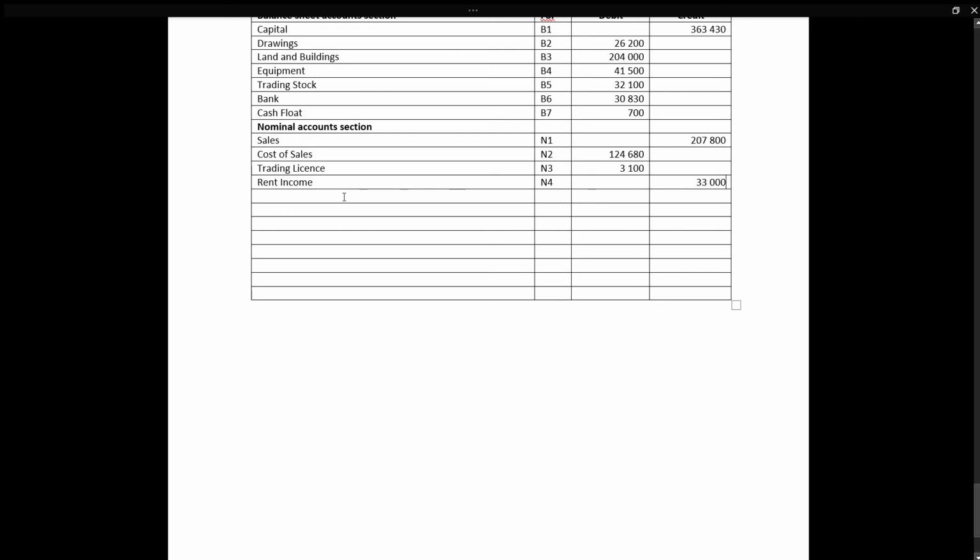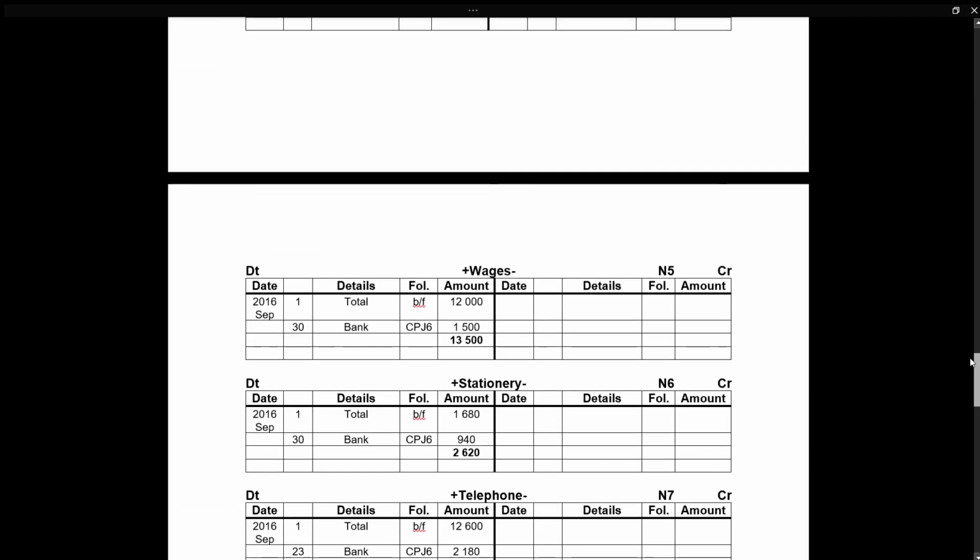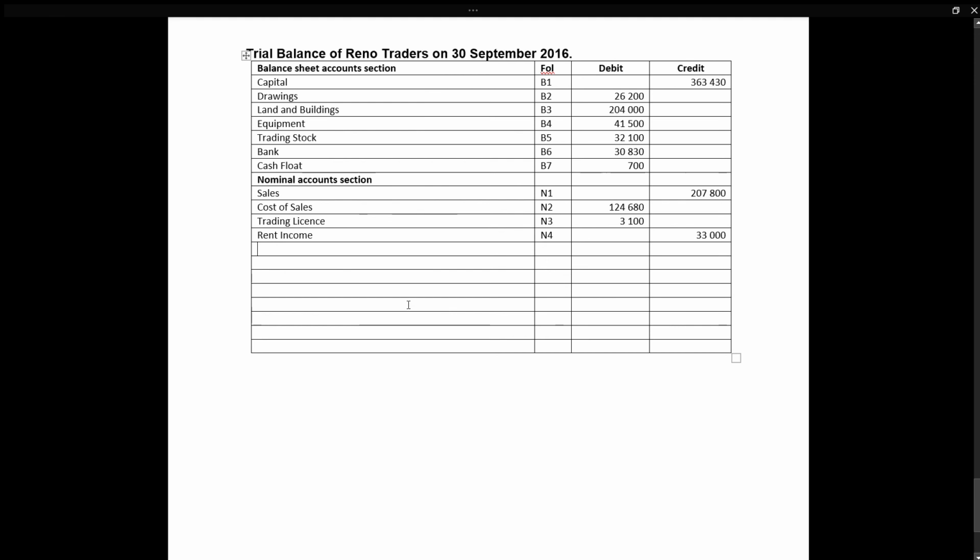Right, next one was my wages. Was it not? Let's have a look rather before I try to go by memory and make another mistake. Let's go and see what was N5. It was wages. N5, remember, it's an expense, so it will have a debit balance of 13,500 Rand.